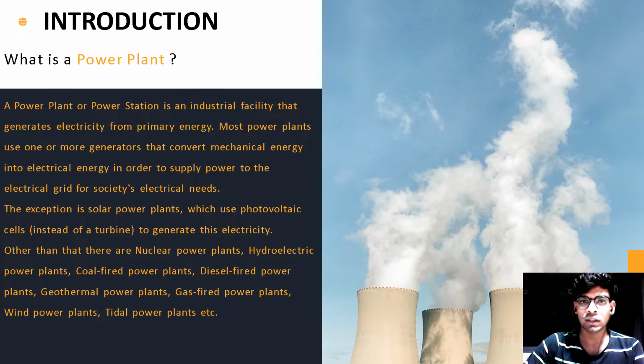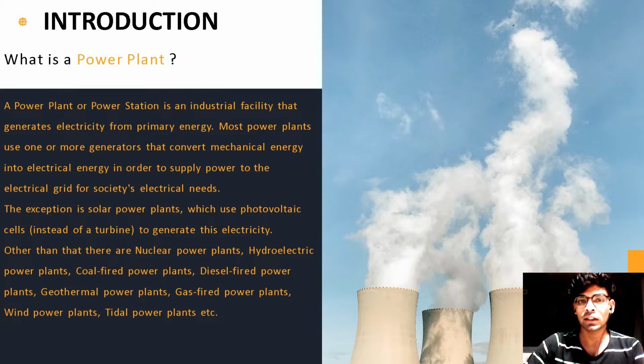But the question is how electricity is generated and how it reaches our homes, offices, and buildings. Power plants are industrial facilities that take on this task of electricity generation and transmission.